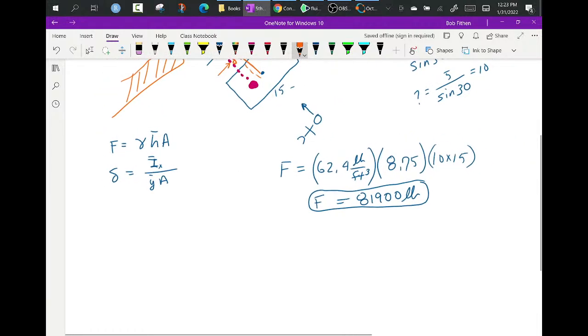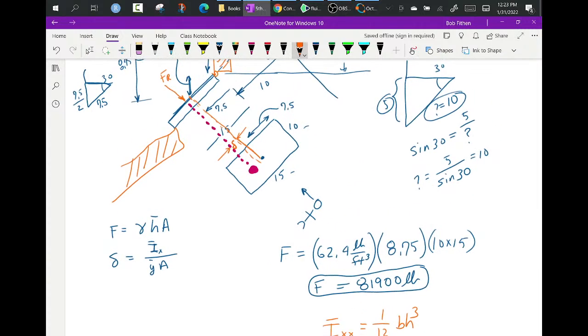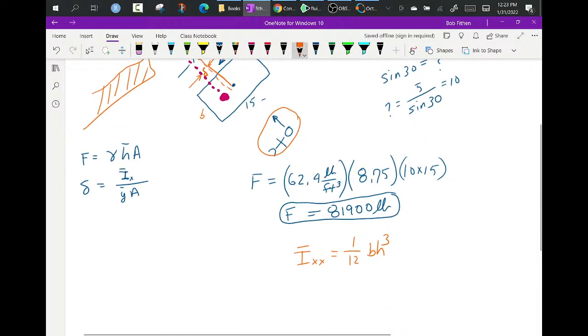So what is I bar? And you know, in statics, I like to call it I xx. And for this, it's 1/12 base times height to the third. So you take the orientation of this, where this is the base and this is his height. So 1/12, the base being 10, the height being 15 to the third.